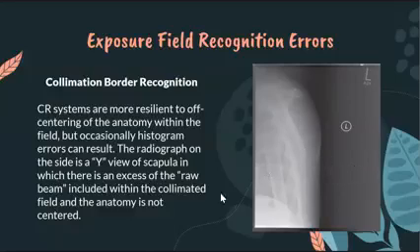Although there is also underexposure on DR, it is not only underexposure, but it can also result in quantum mottle. But in CR, if the image is not centered, it will only result in underexposure, so it can be edited in post-processing.